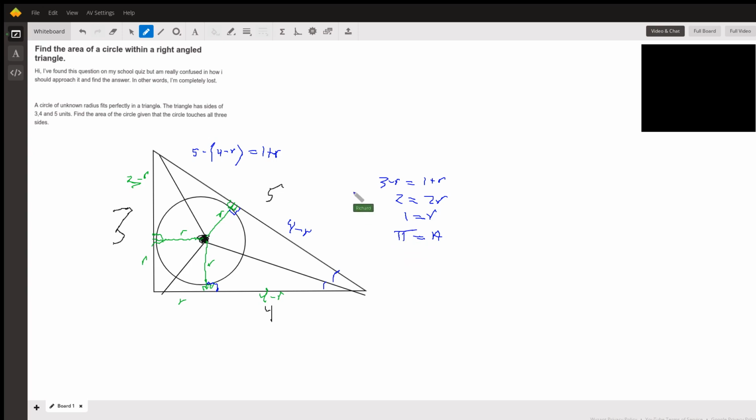And that's it. So there's a lot of things you could do. There's a couple of other solutions posted at Wyzant. But I wanted to do this because it's not quite as hard as you might think it would be, and it is a question of memorizing the properties of the incenter.